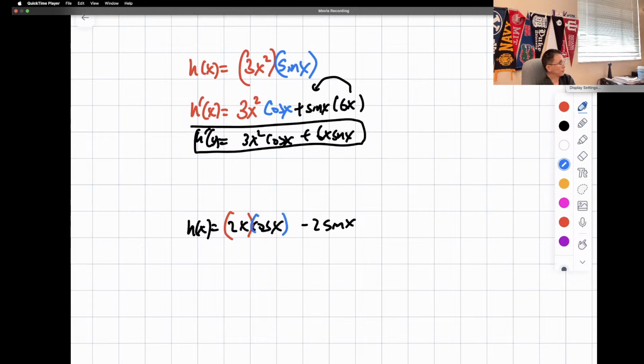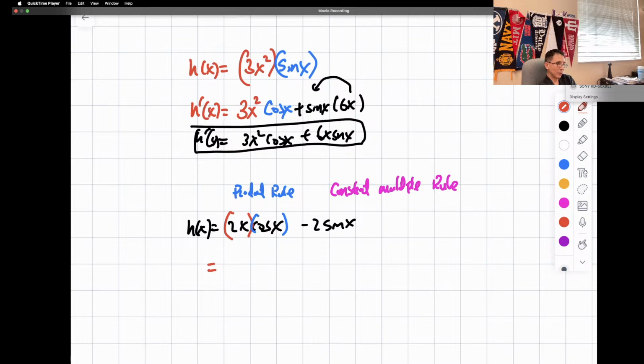Is that okay? Now this is a product rule. Good job. Because there are two functions multiplied together. However, this is a constant multiplied, so this is a constant multiple rule. So I'm going to do product rule only for the one on the left.